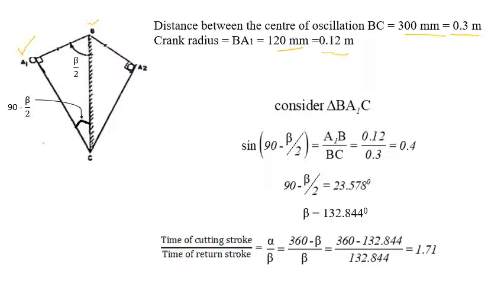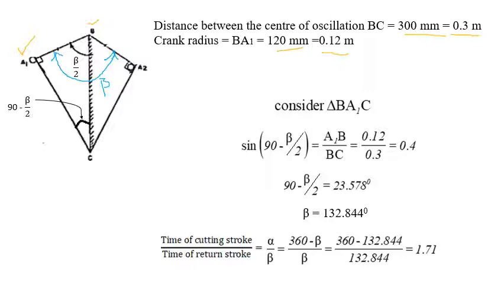Let us consider this half portion of the triangle, because the total angle is beta. Since we are considering only half of the mechanism, it becomes beta by 2.